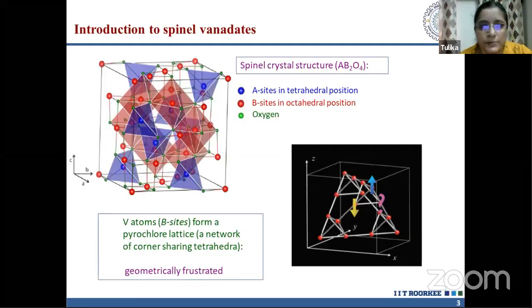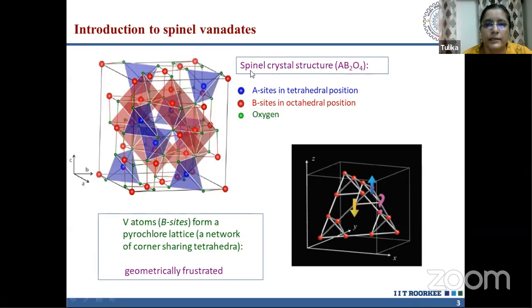The spinel chemical formula is AB2O4, and the crystal structure is shown here. The A site is tetrahedrally coordinated by oxygen, which are shown in blue here, and B sites are octahedrally coordinated by oxygen.